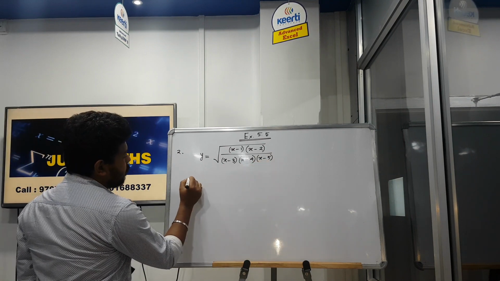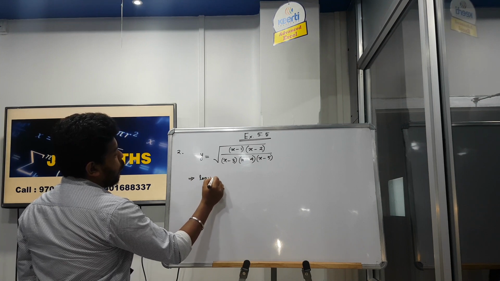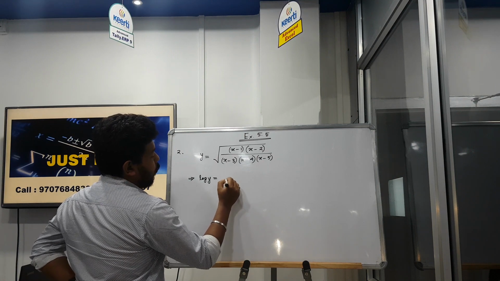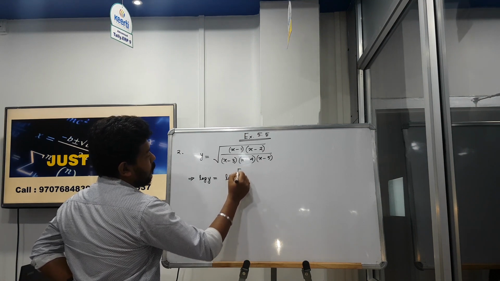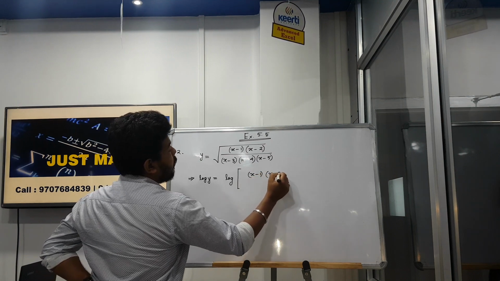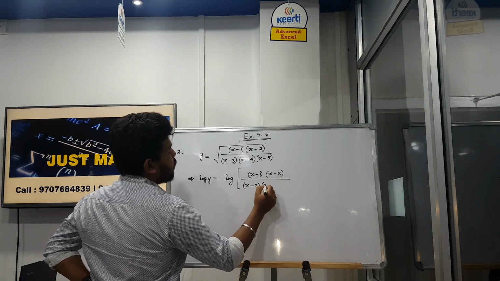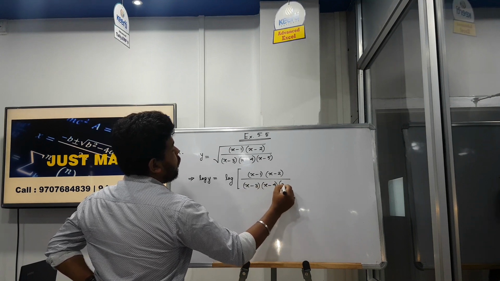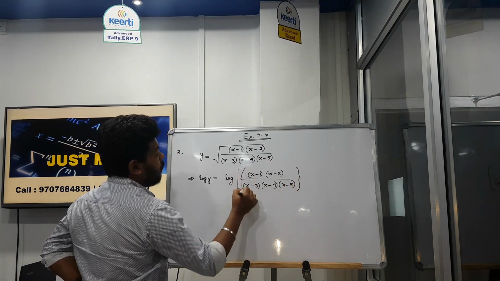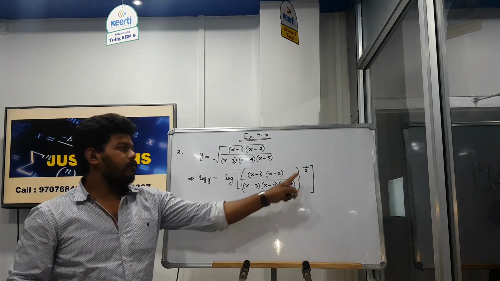Take log. log y is equal to log of (x minus 1)(x minus 2) divided by (x minus 3)(x minus 4)(x minus 5), to the power half.